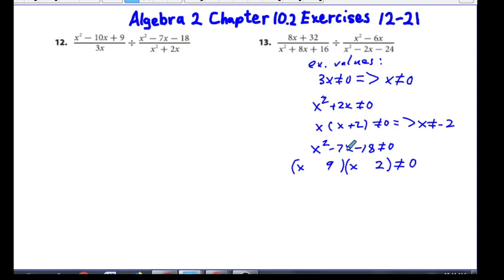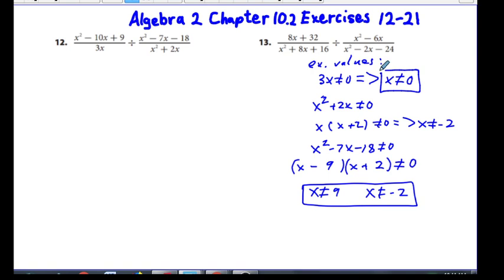So looks like your 7 is a negative 7. That's a bigger number. So we put the negative with the bigger number there. And so we have x cannot equal 9. x cannot equal negative 2. So these would be our excluded values. Okay, we got the negative 2 up there also, and x cannot equal 0. We have 3 excluded values here.